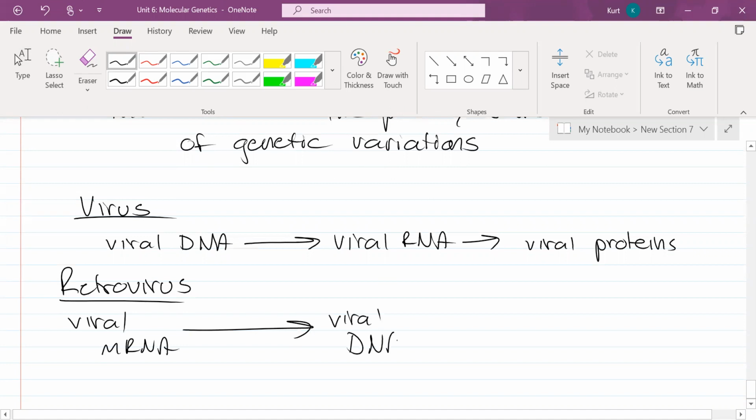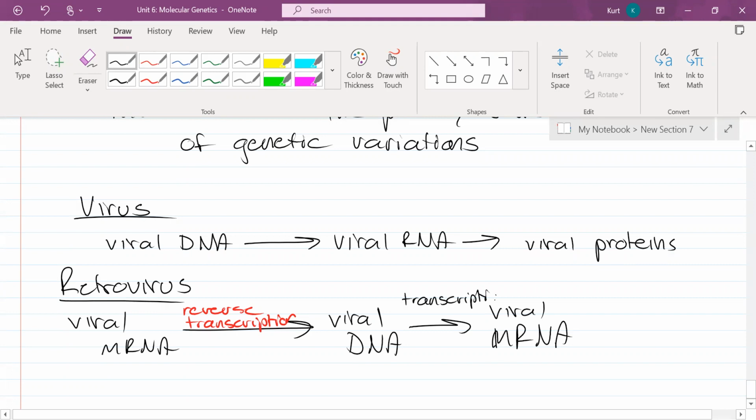What process is this called? RNA to DNA. Reverse transcription. And then you go from viral DNA to RNA. What is this called? No. DNA to RNA is just transcription. And then RNA to viral proteins.